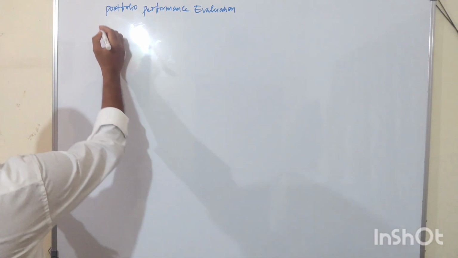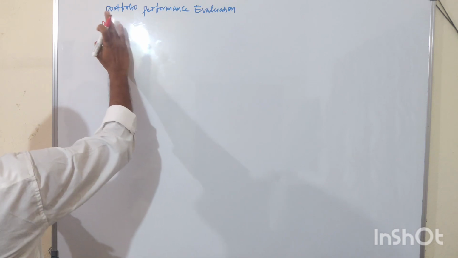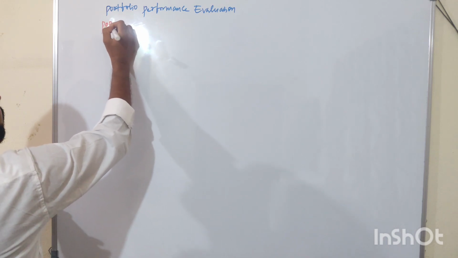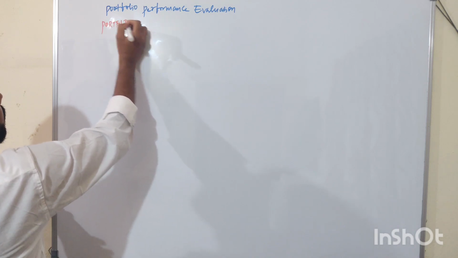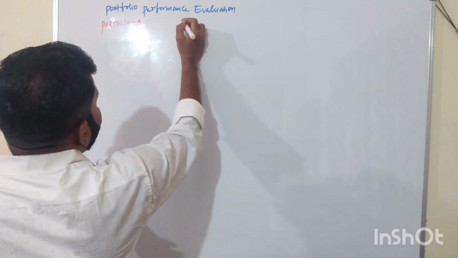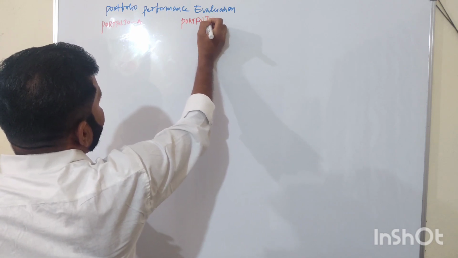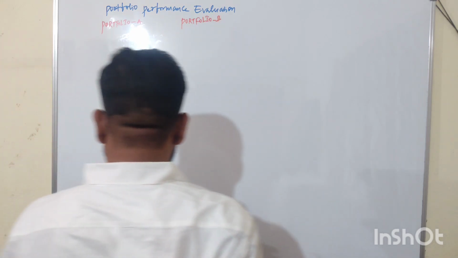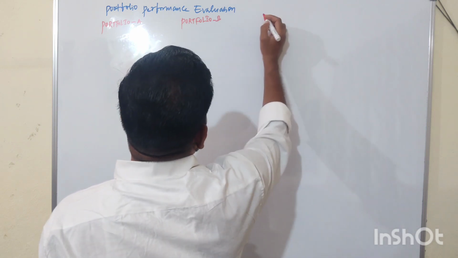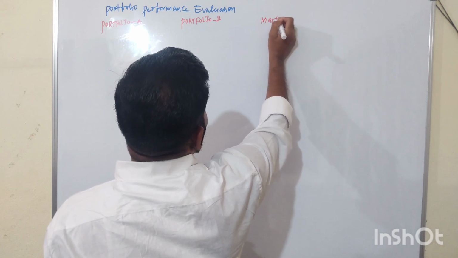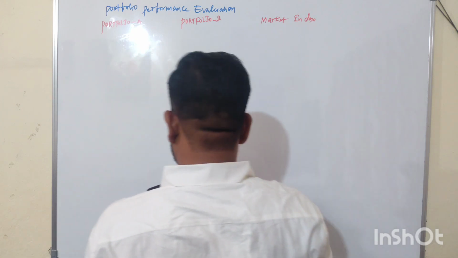Portfolio A. Portfolio B. Then one more, we have to find out a Sharpe index for the market index.